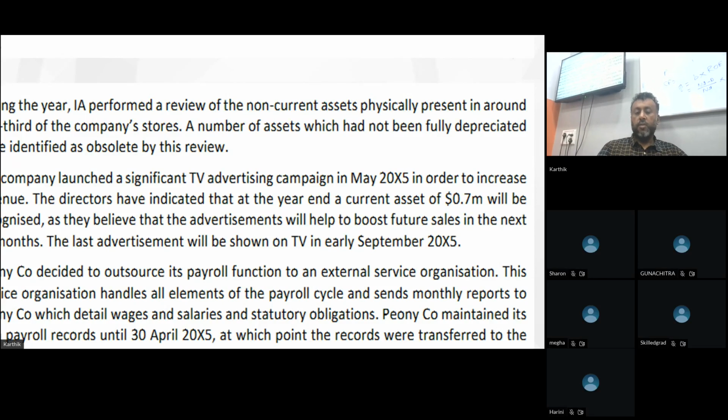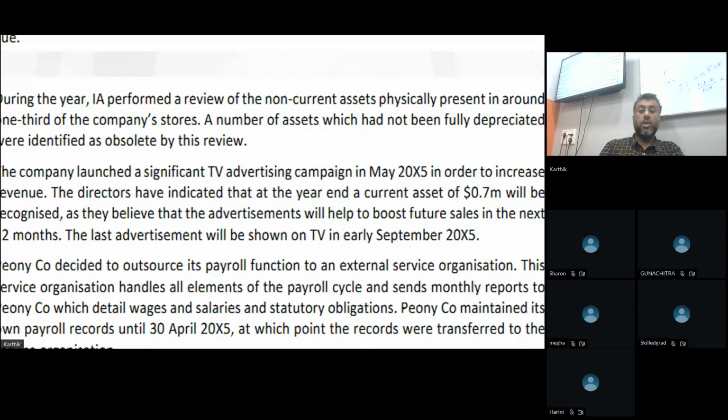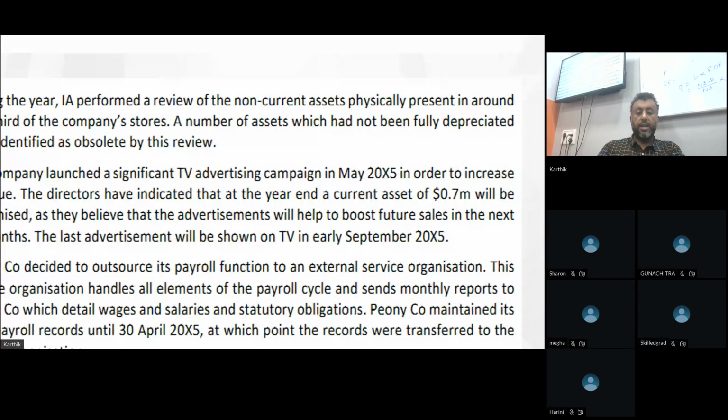What has he said? A number of assets which have been fully depreciated, obviously those are obsolete. That's it, they're waste. But what have they done? A number of assets which had not been fully depreciated have been identified as obsolete. So what does that mean? Very good.